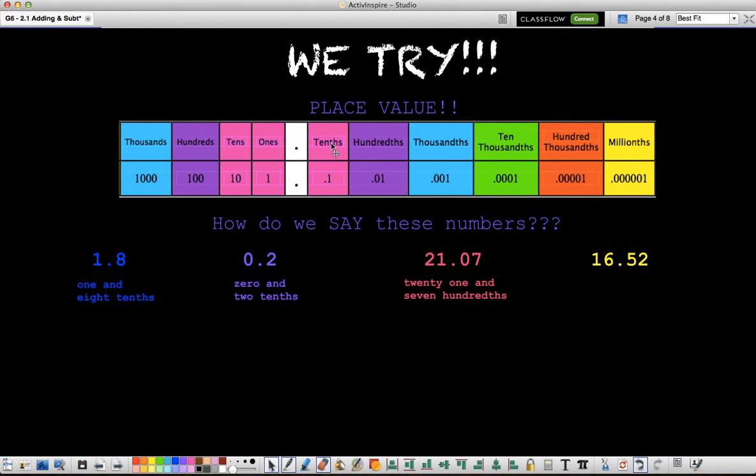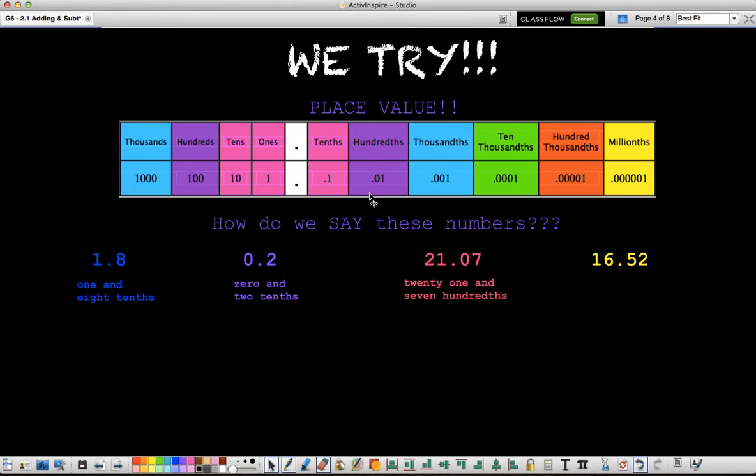For the decimal place values, you'll notice they're pretty much the same as the whole place values, but they have "ths" behind them. And the reason for that is because they're parts. So when we talk about 1/4, we say fourth because it's a part. 1/10, it's 1 out of 10. It's a part.